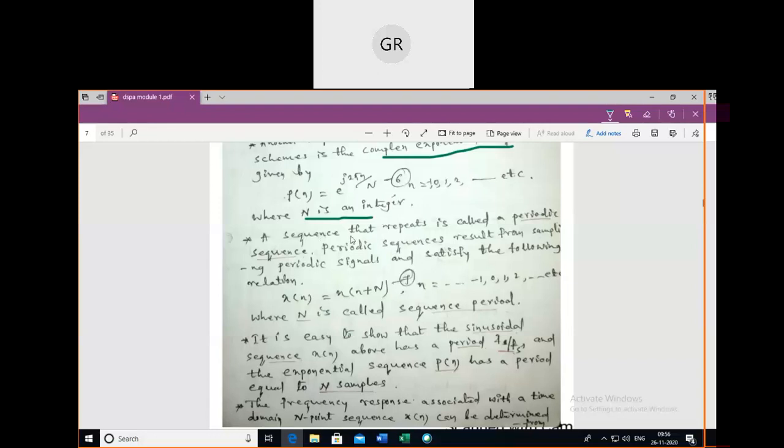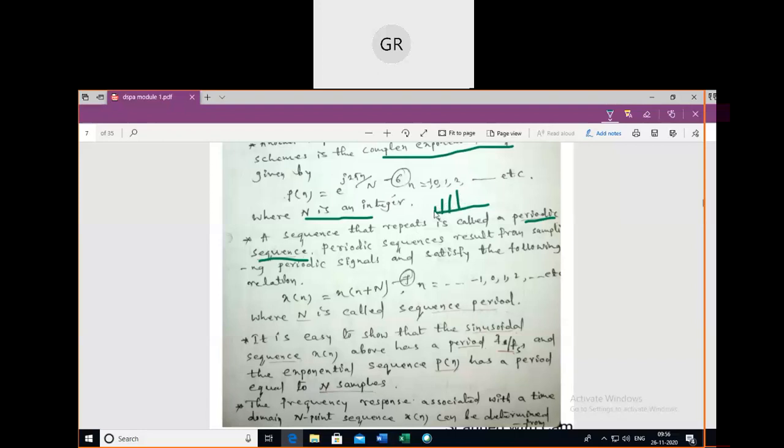A sequence that repeats is called a periodic sequence. What is meant by a periodic sequence? Anybody? If you consider some sequence, I will write here 1, 2, 3, 4. I thought you had studied this, right?